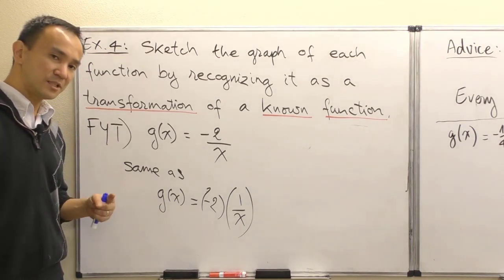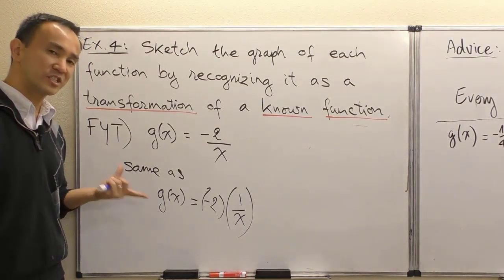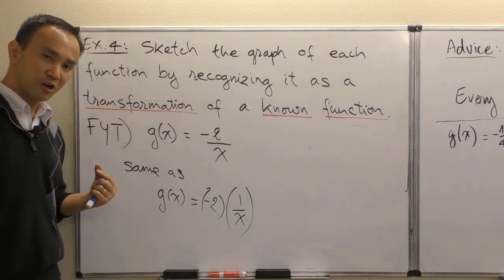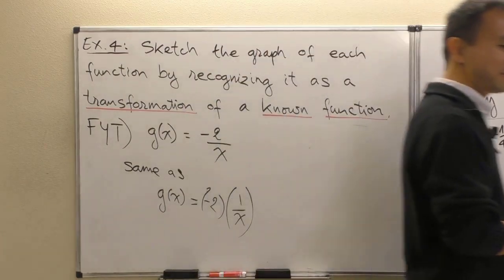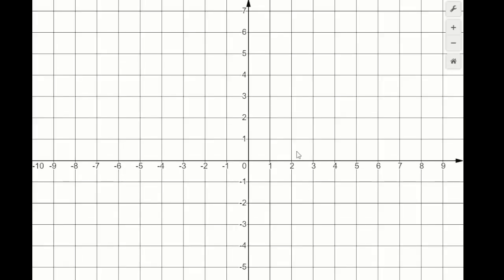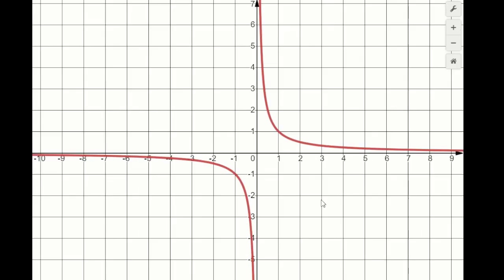All right, so at this point, after hopefully you have spent some time working on that, let me now show the graph. Now on my empty graphing space right here, this is the graph for 1 over x.